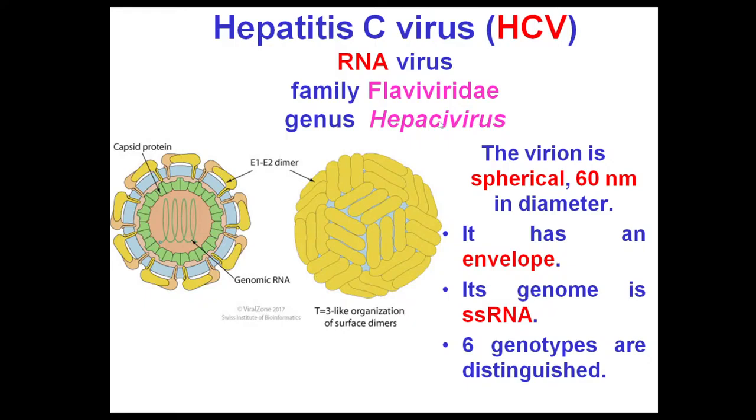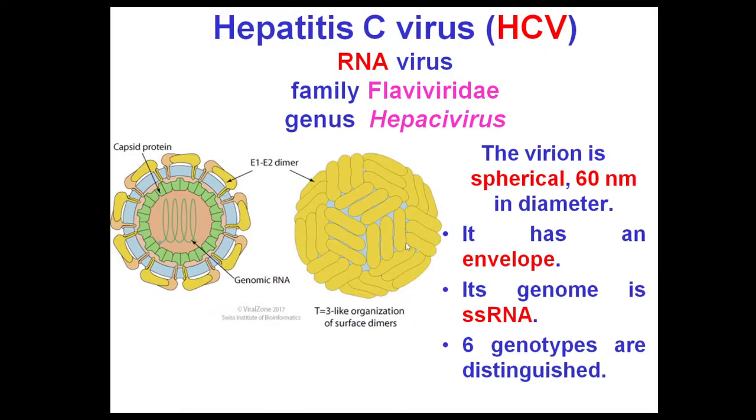Now, my dears, hepatitis C virus, family Flaviviridae, and genus Hepacivirus. It is spherical with 60 nanometers in diameter, and the envelope is made up of the cell membrane and the envelope glycoproteins that are called E1 and E2, that usually form dimers on the surface of the envelope.